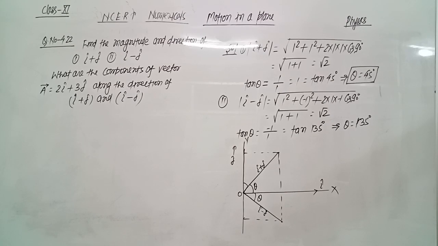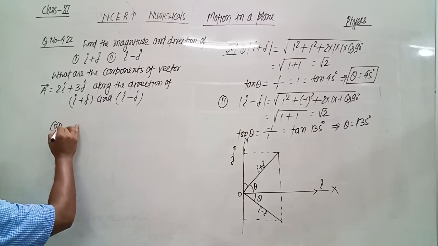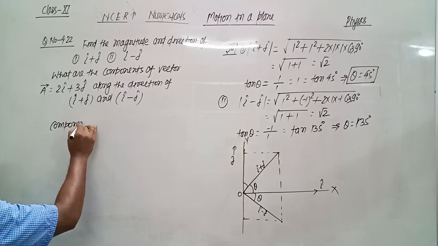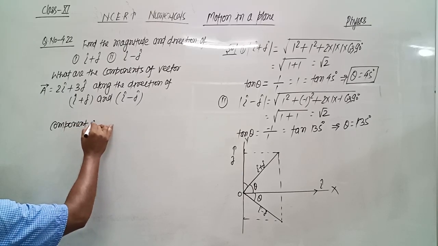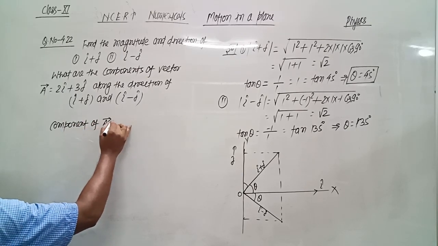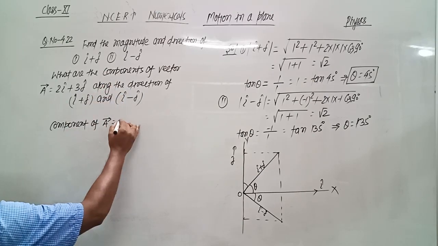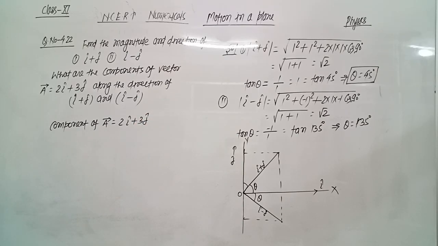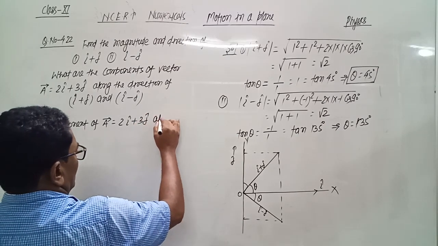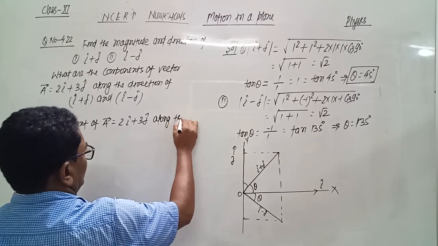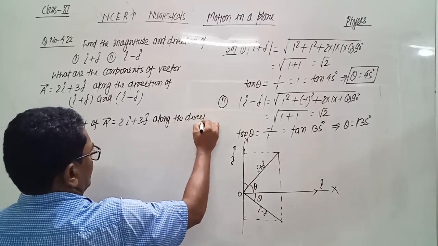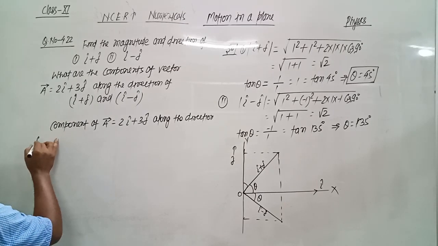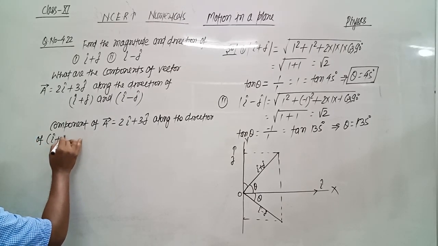Now to find the component of vector A, equals 2i cap plus 3j cap, along the direction of i cap plus j cap.